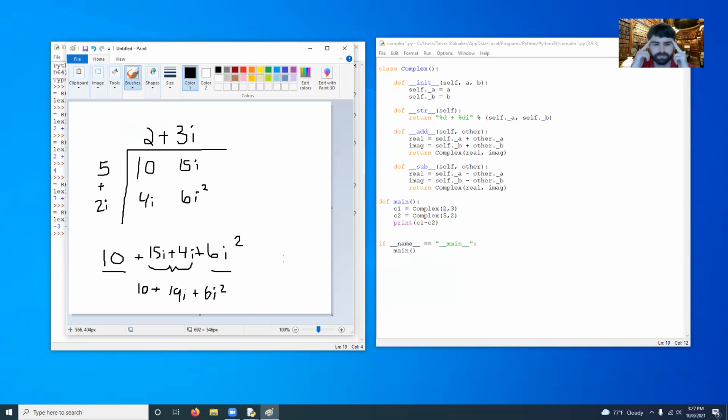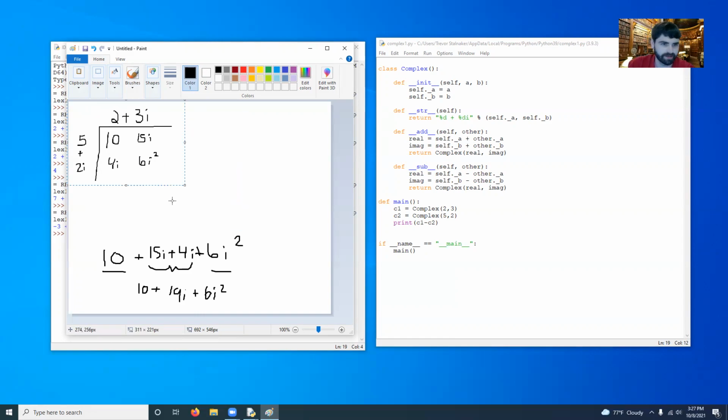But hold on. What are we going to do about that i squared? That doesn't fit into our form. Our form is a plus bi. There's no i squareds in there. That's going to break everything, isn't it? No. If you remember from algebra class, I think we might want to look at it again later.